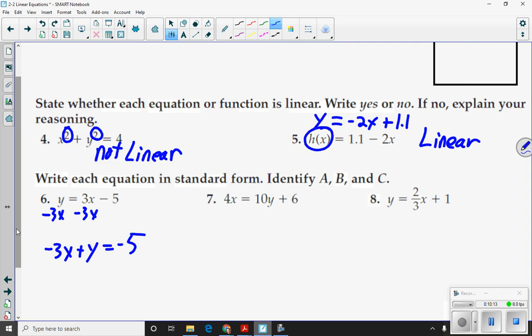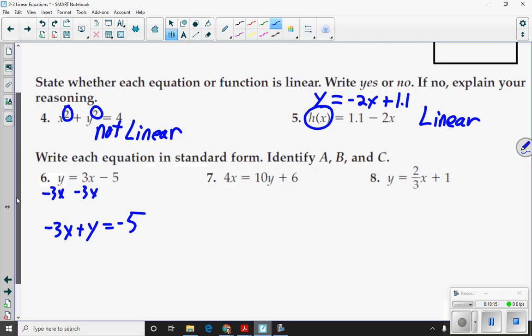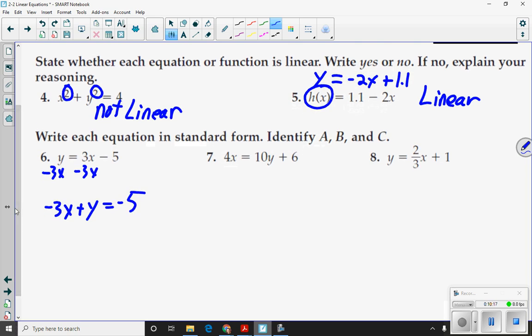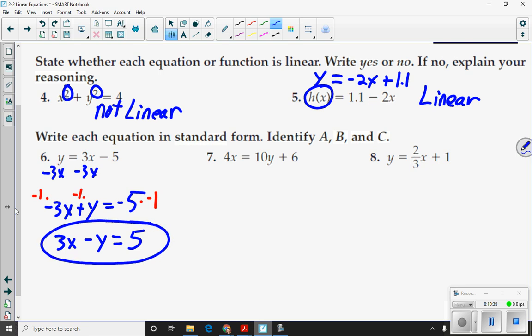Now, that looks pretty good, but one thing our book says is it likes it when x is positive. So what if I multiplied everything times a negative 1? Multiplying everything by a negative 1, or the same value, is legal. So negative negative makes a positive 3x. But this becomes a minus y equals a positive 5. And that just looks a little bit better. So that is your standard form.